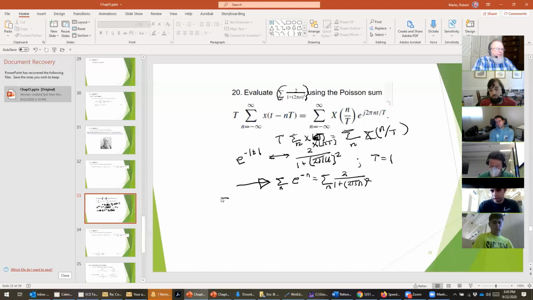Let's recall the geometric series. The summation of n equal to 1 to infinity of alpha to the n equals, if we call this a sum, and this, by the way, comes from high school, right? This is a geometric series.